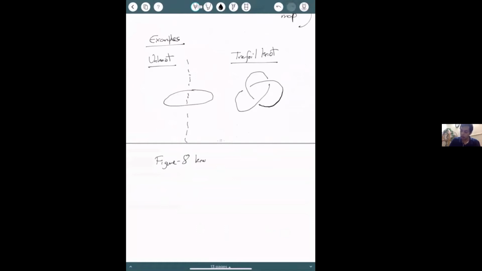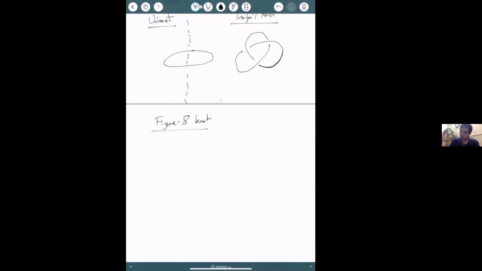What it looks like is you start off with something like a figure 8, and then you imagine this is going here, this is going here, this is going there. It turns out this is another common knot that one sometimes ties.